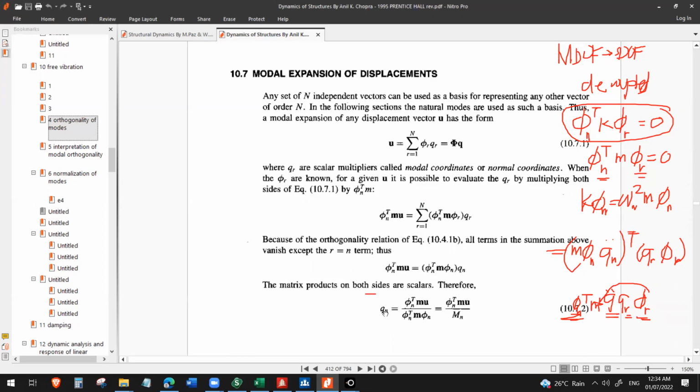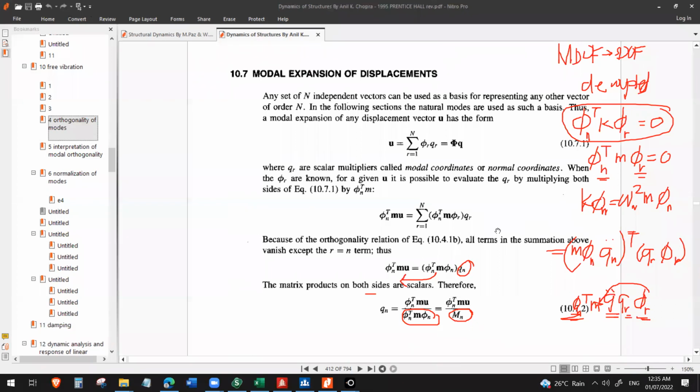Therefore, Q sub n will be phi n transpose m u over phi n transpose m phi n. So this is what remains, and this one went to the denominator. And remember, this one is what I wrote earlier, the modal mass. Okay?